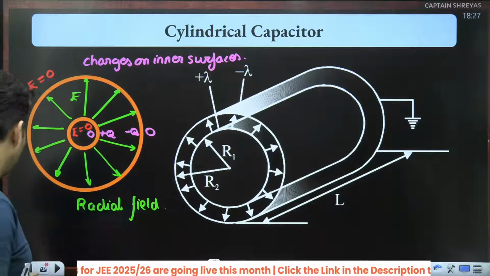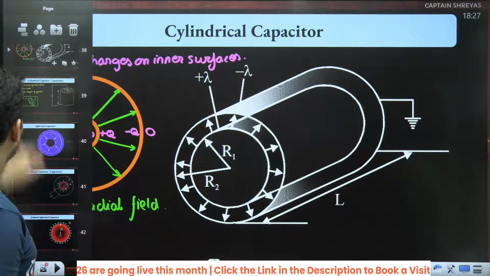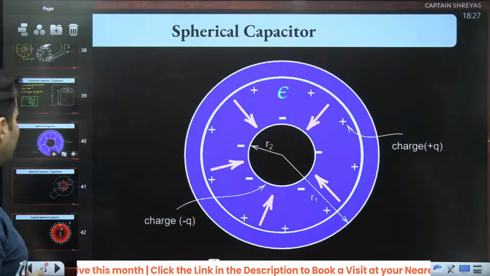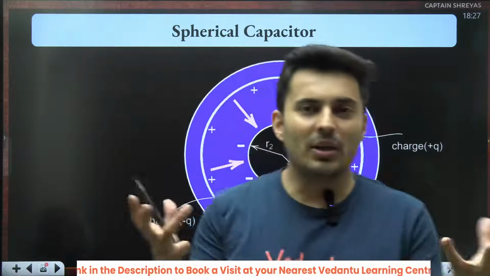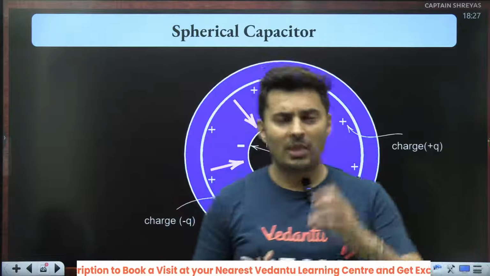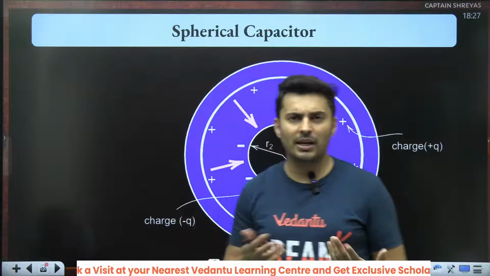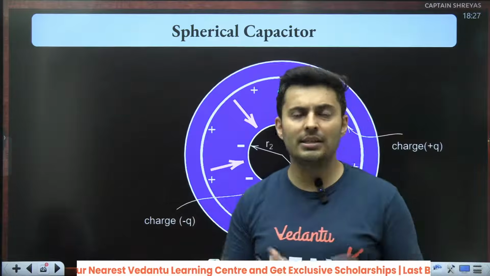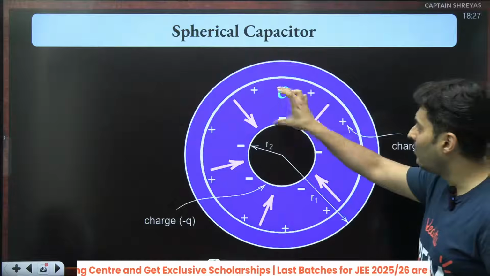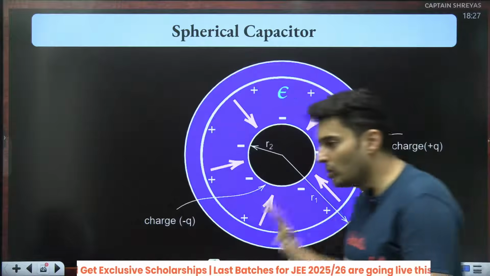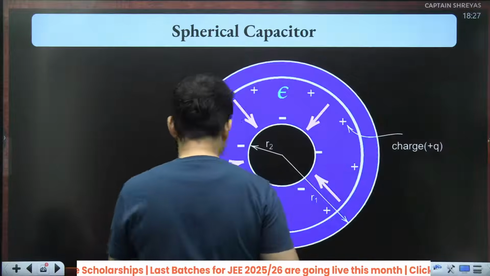All right. Moving on to the next type of capacitor, which is a spherical type. Obviously, spherical type means two concentric spheres need to be there. Inner sphere can be positive or negative. Outer sphere can be again oppositely charged. Electric field will only exist in that gap. Outer side there is no charge nor field.